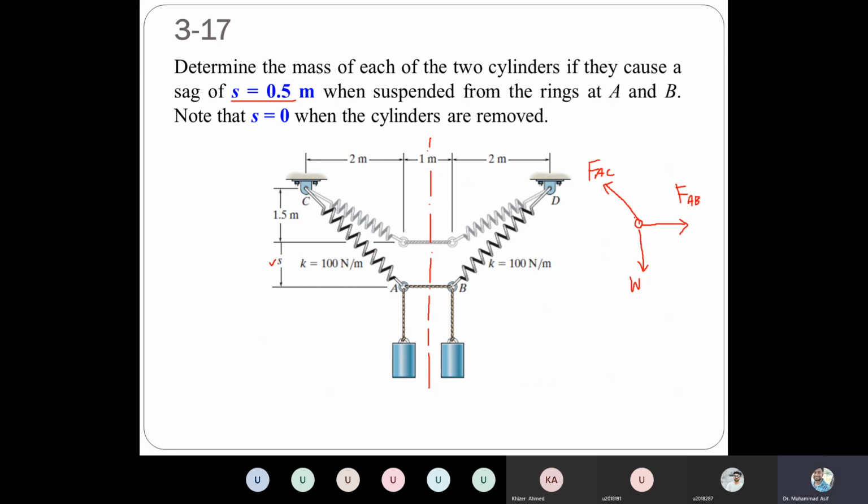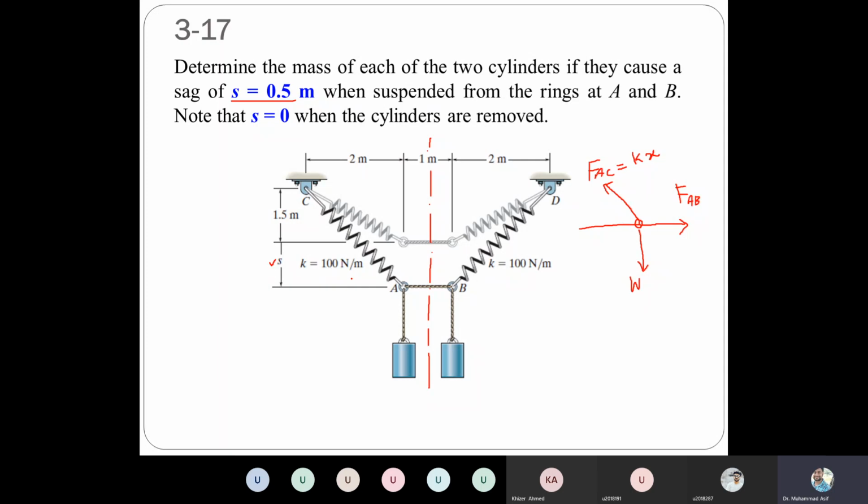First of all, what we need to calculate is FAC, which is basically the spring force, and we know that the spring force is equal to Kx, right?